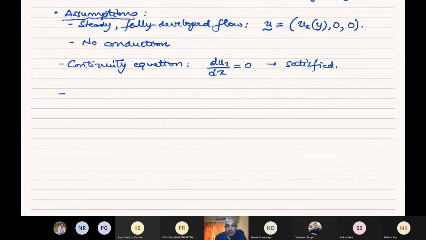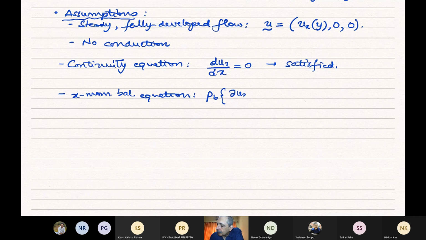Then let's look at the x momentum balance equation. I'm going to write it down. Do you remember this equation? Only for 2D I'm writing, not for the z term.